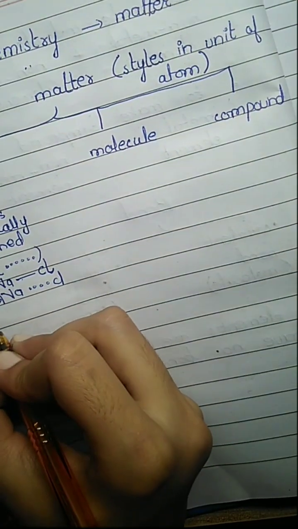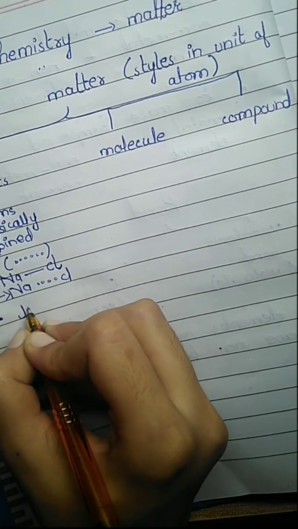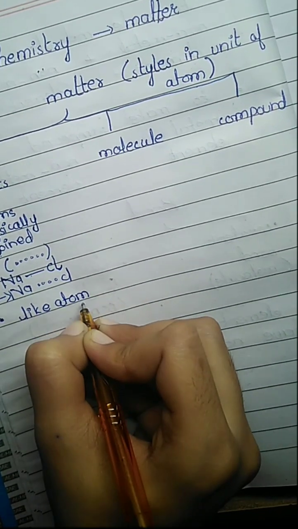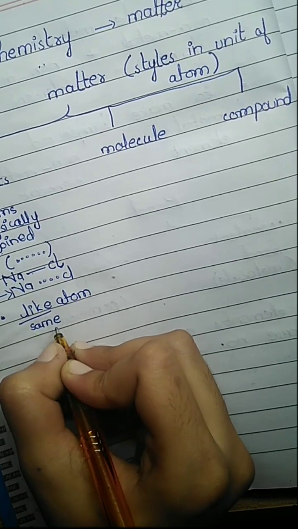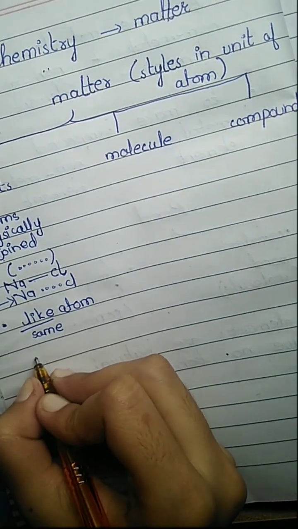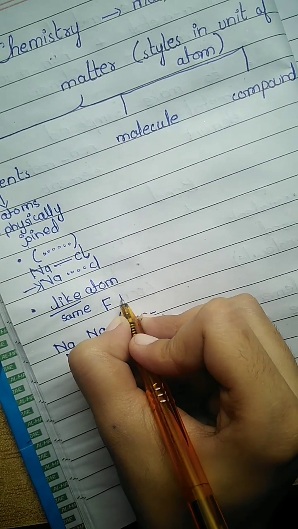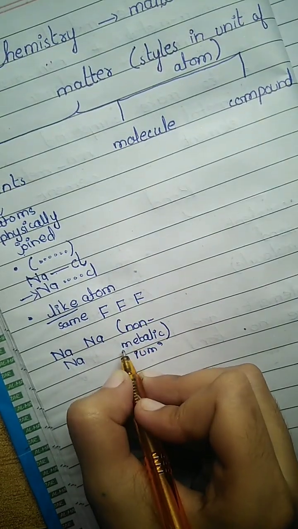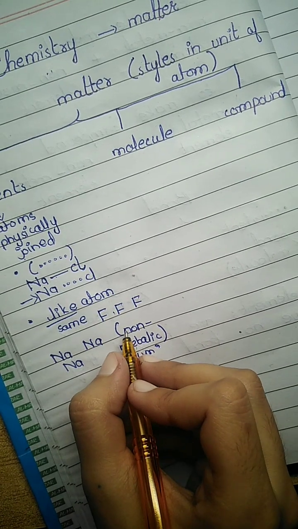Now, to form an element, it's compulsory to have like atoms. Now, what are like atoms? Like atoms are just the same types of atom, like F, then again F, then again F. That's a non-metallic element.